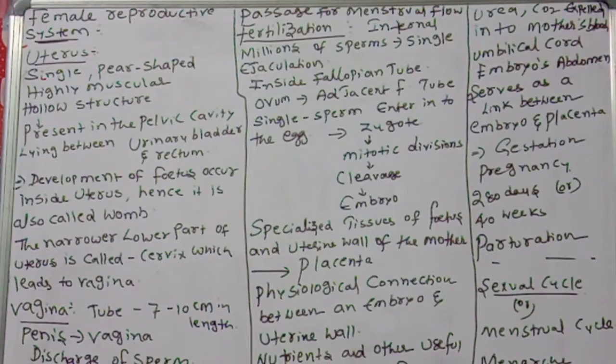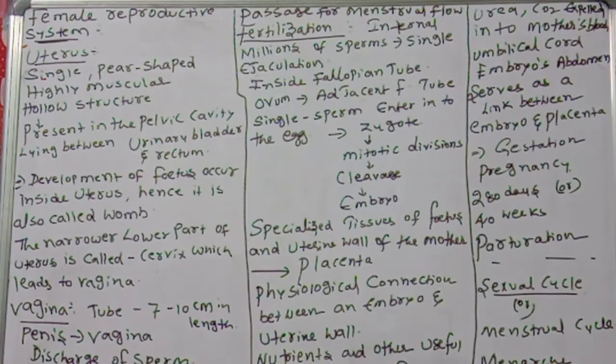Different reflexes take place at the time of parturition. The oxytocin hormone plays a vital role at the time of parturition. That will come in the next year, but you should remember these points.